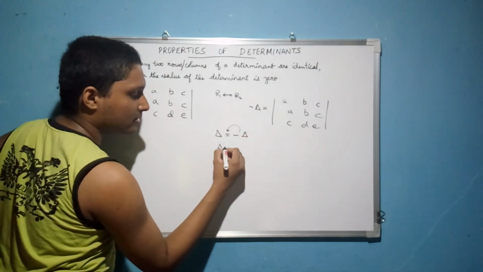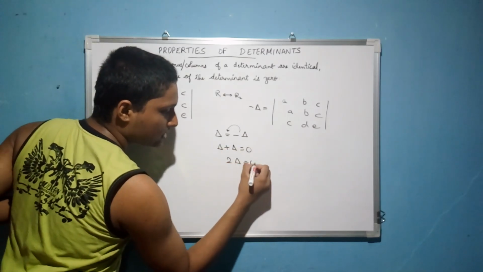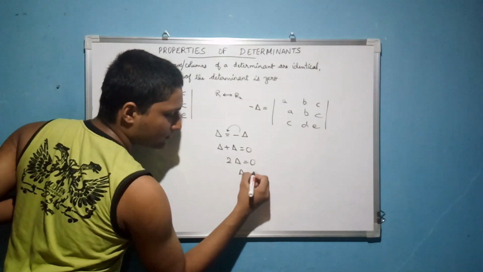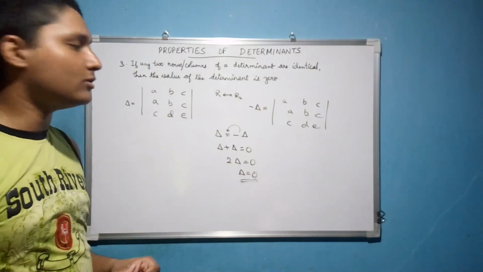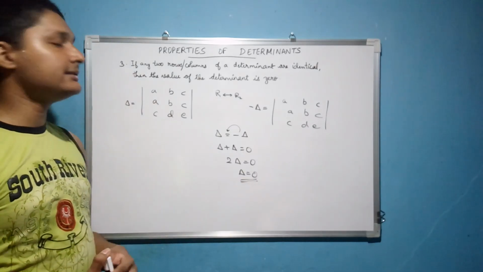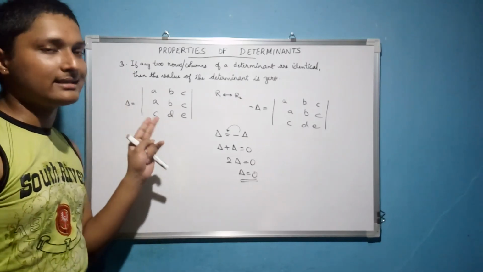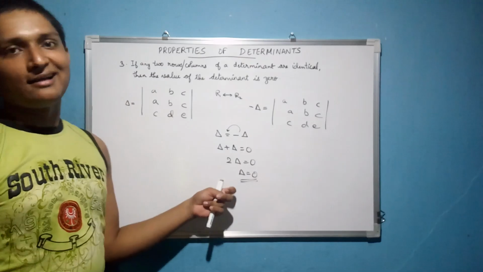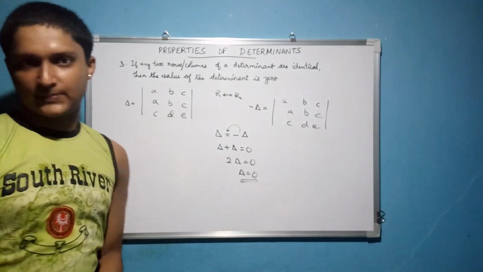It becomes delta plus delta is equal to 0, or 2 delta is equal to 0, or delta is equal to 0. That means delta, the determinant value of this particular determinant, is 0. So if you have any two rows or two columns that are identical, then the value of that determinant is going to be 0. That's it about the third property.